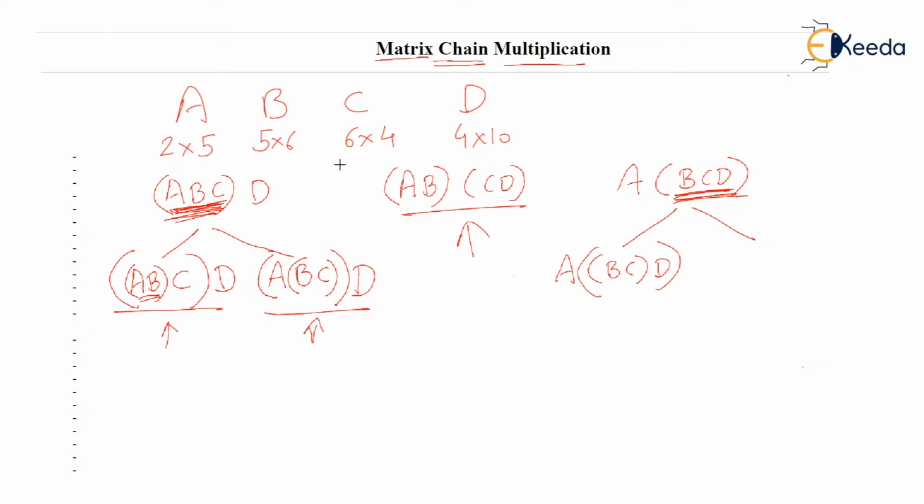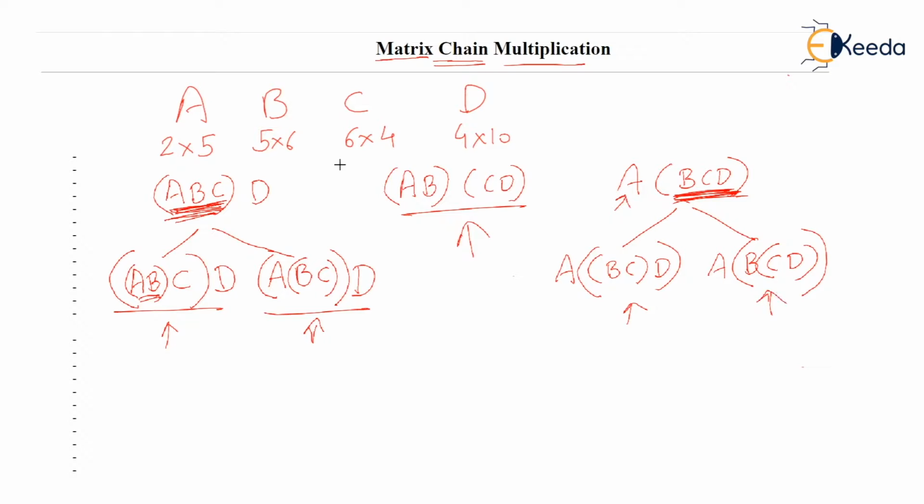The other way is you may say that you will do CD first and then the result will be multiplied with B. The outer parenthesis emphasizes that you are going to find BCD first and then the result will be multiplied with A. So there are two ways in which you can do this.